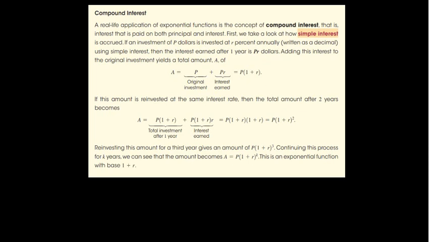If an investment of P dollars is invested at R% annually, let's take mental notes here. The P represents the initial investment, and R is going to be my rate of interest, and it's percent annually, so keep that in mind, annually.